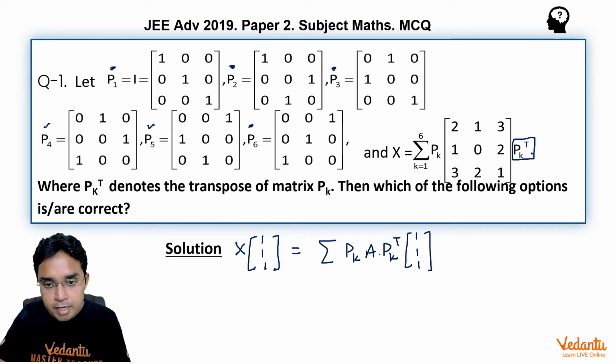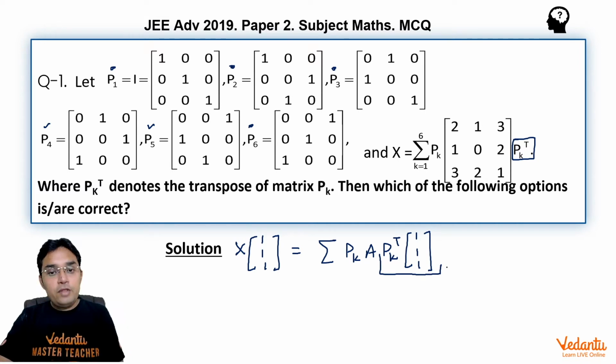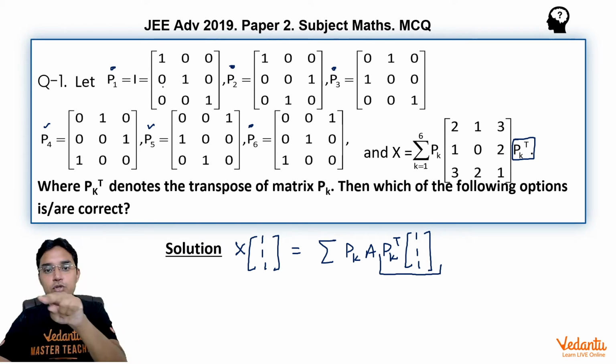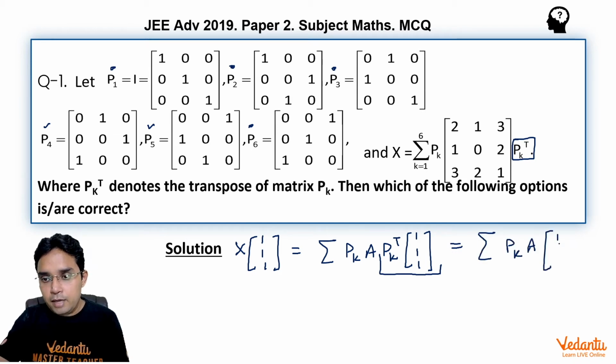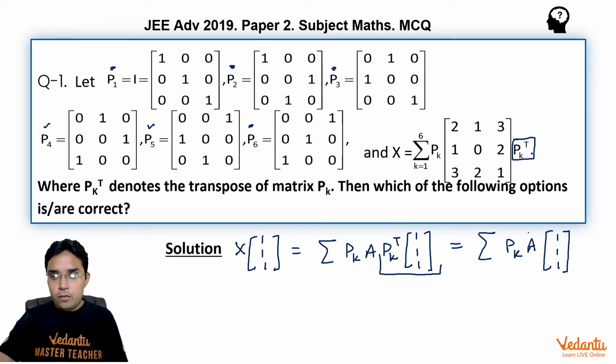Now, if we multiply this Pk transpose with [1 1 1], all the Pk or Pk transpose have in every row 1 one and 2 zeros. So if you multiply such a row with this [1 1 1], we will always get the product as 1 in each row. So Pk into A, and here we will be getting [1 1 1] only. Now A and [1 1 1] can be considered constant, so I can take them as common.